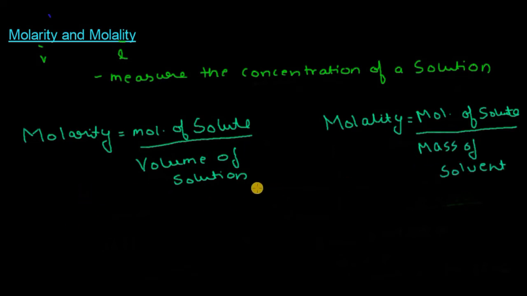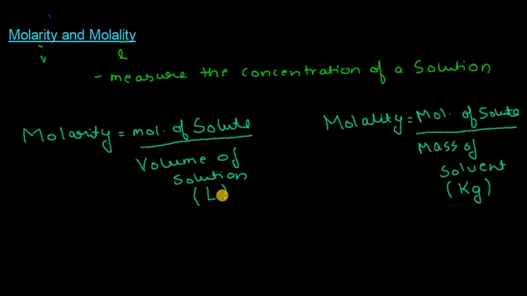So we can clearly make out two very important differences. First of all, it is volume of solution. So we are considering volume, so the unit in the denominator will be in liters. In molality, there is mass of solvent. So here the unit of the denominator is in kilograms.